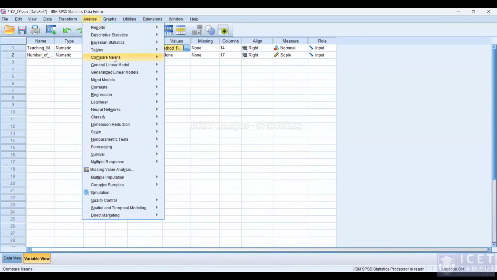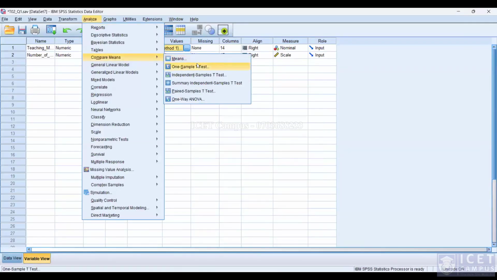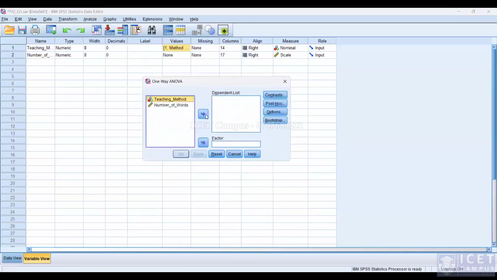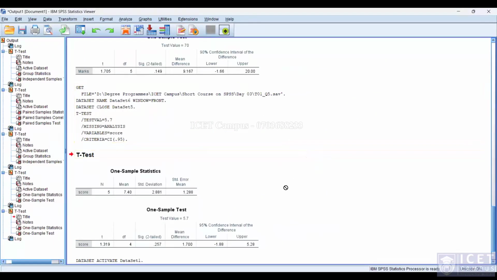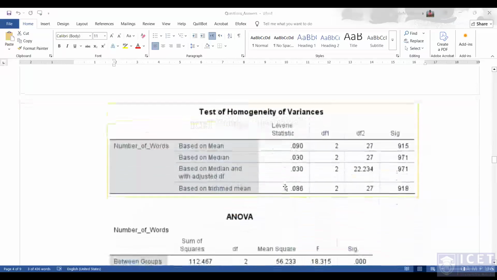Then Analyze, Compare Means, One-Way ANOVA. Now, number of words is the dependent variable. The factor variable is teaching method. We can take the output here, and we can see based on the mean.